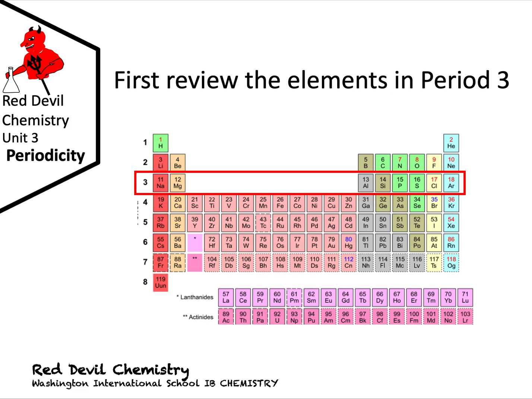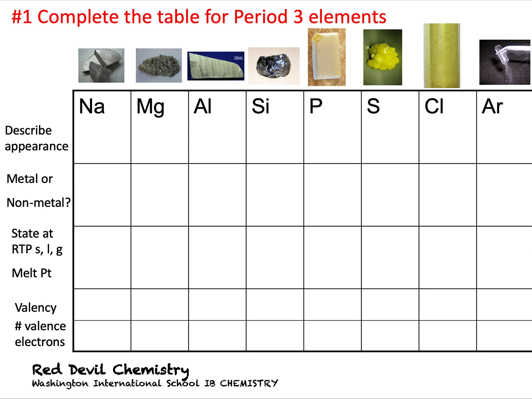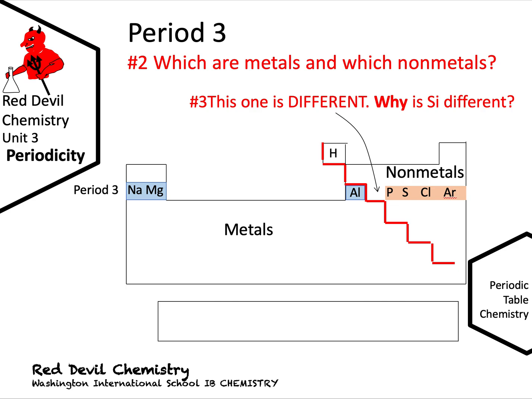And to begin with, we're going to look at the elements, just to familiarise yourselves with each of the elements of period 3. So you're just going to pause this and fill out the table, obviously on separate paper. And then we will go on to which are metals and non-metals.